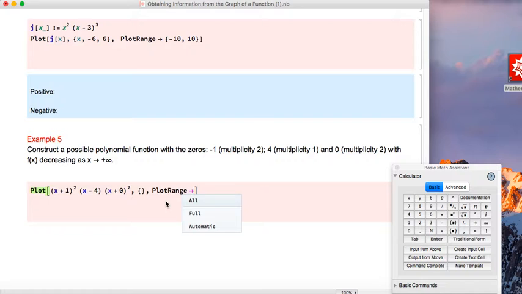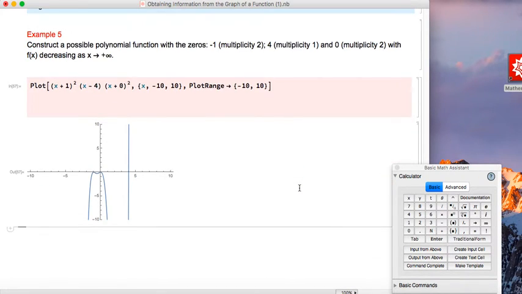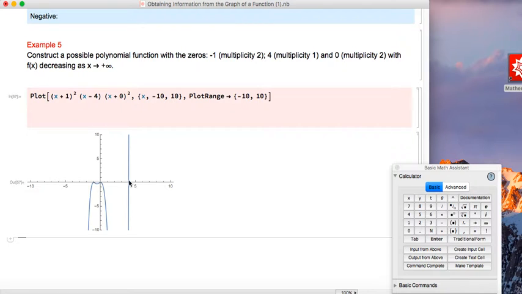After we have this, we may want to set the plot domain and plot range for how we graph. Let's set x from -10 to 10 and the range from -10 to 10. We want to see how the graph looks. Okay, this is our graph, but we couldn't see the bottom. Let's change this to larger, -30 to 30.